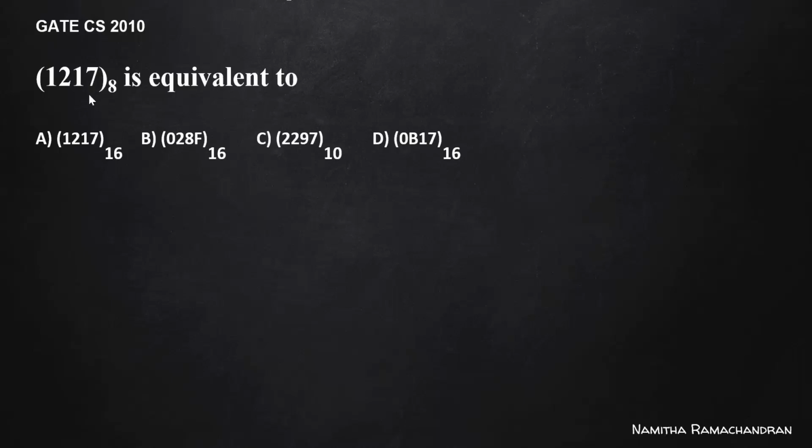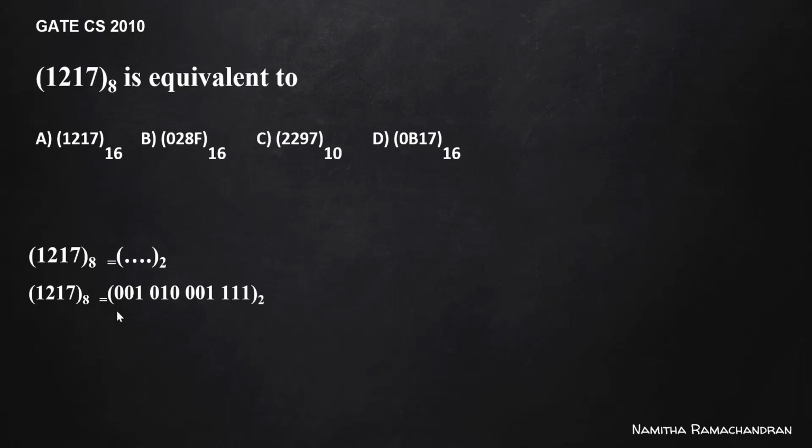So now we can generate the binary equivalent of each of the symbols present in the base 8 system. And how many bits are we using for representing the binary equivalent? We need to take 3 bits. 7 is represented using 3 bits: 7 is 111, and this 1 is 001, and this 2 is 010.